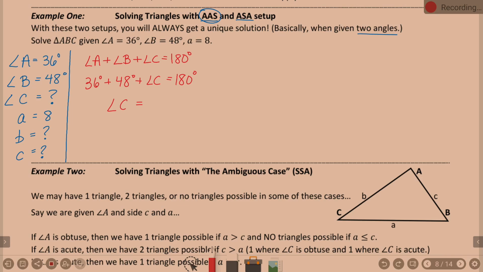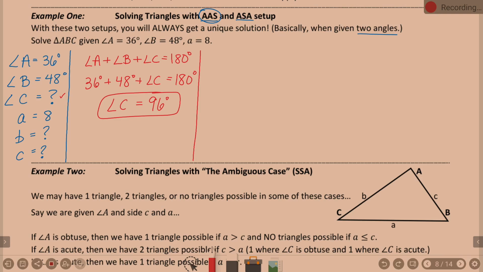What is angle C? 96 degrees. Okay, we got the basic math out of the way, right? That even goes before geometry. Is that like middle school math? No, does it go back to elementary maybe? I don't know. So we officially have all of our angles.